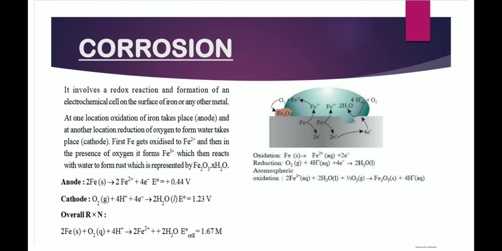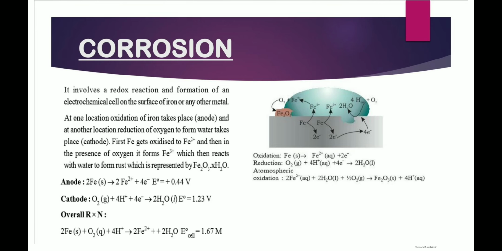The mechanism of the process is that one spot of an iron object acts as anode and oxidation occurs on it. The electrons lost by the metal migrate through the metal to another site on the surface and reduce the dissolved oxygen in the presence of H⁺ ions.